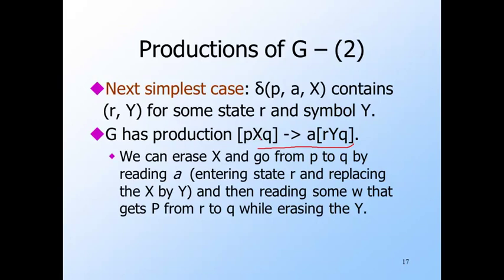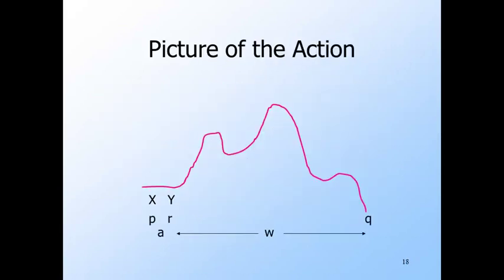Then some number of inputs, say W, has the net effect of popping the Y while going from state R to Q. As a consequence, the net effect of reading A followed by W is to take state P to state Q while popping the original X.